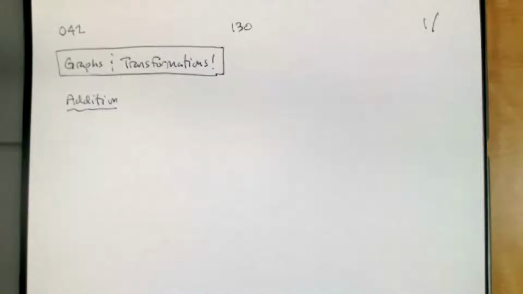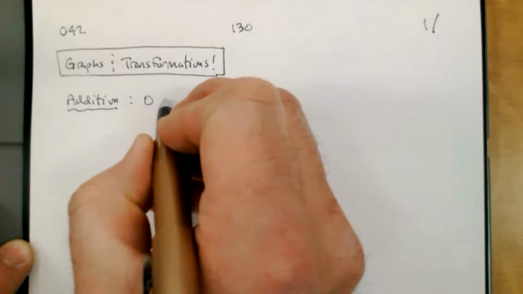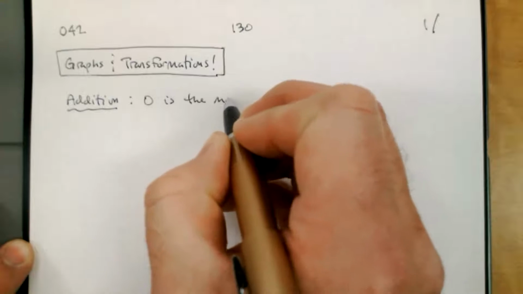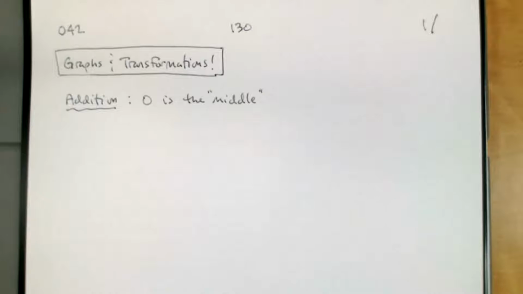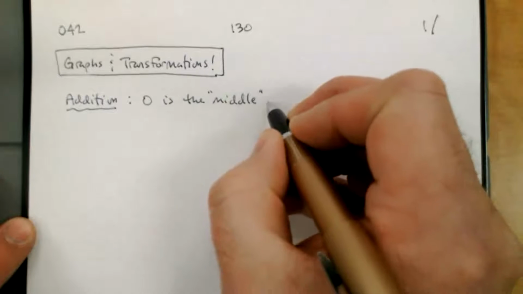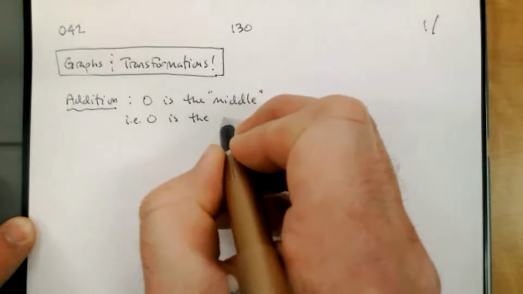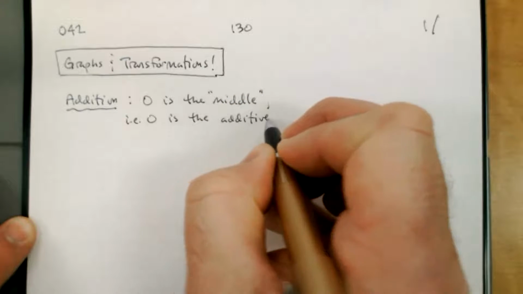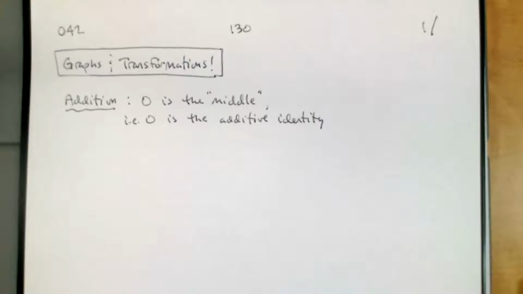What we want to know about addition is that 0 is in the middle of addition. We call 0 the additive identity.